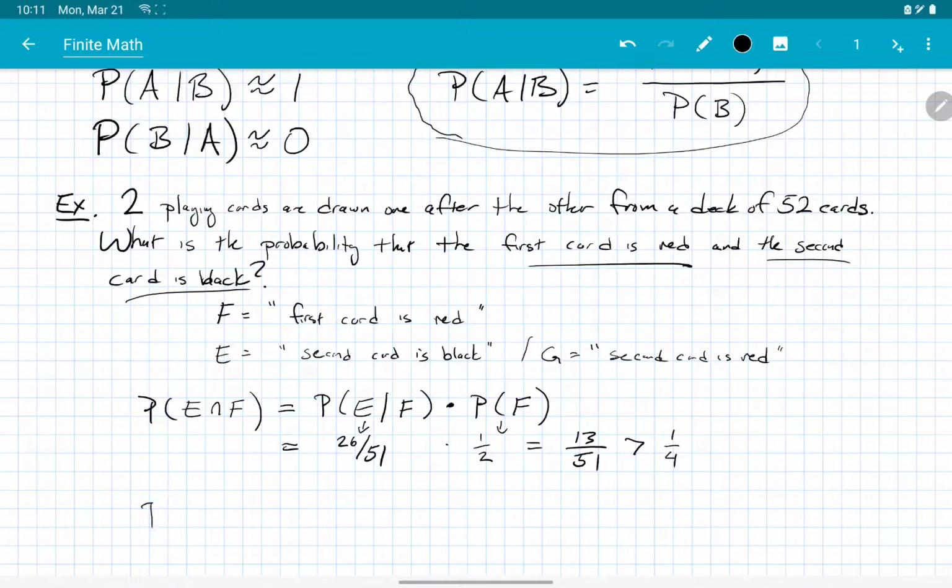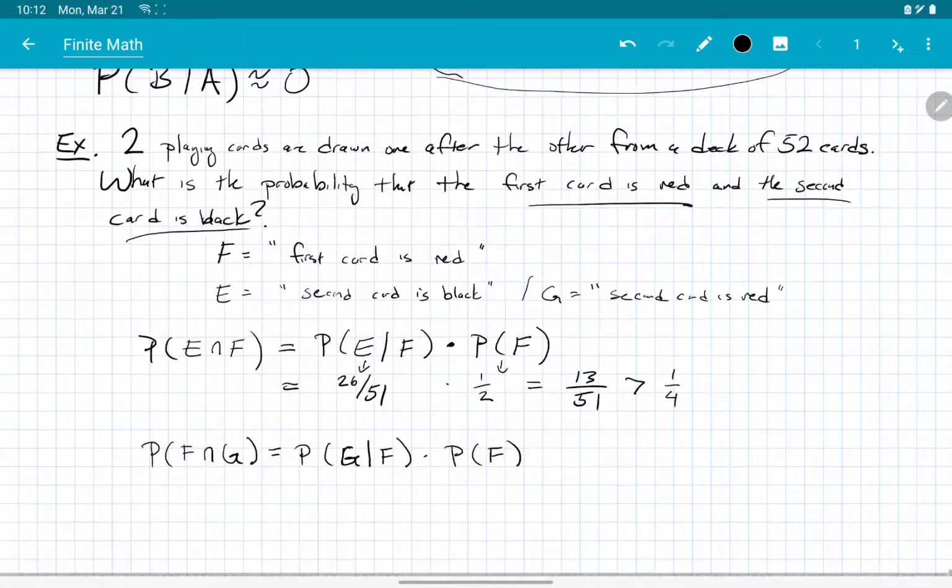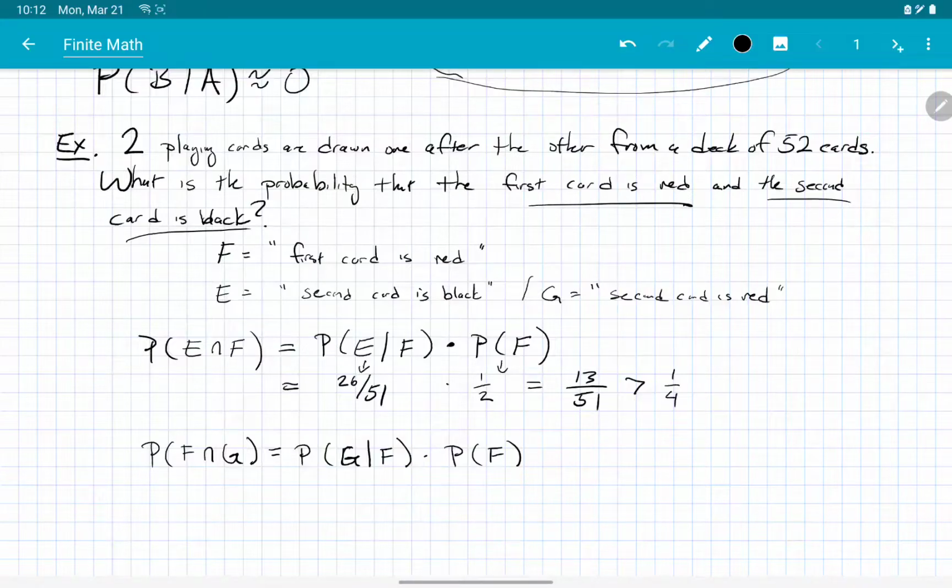Well, this is going to be the probability of F and G, which is going to be the probability of G given F times the probability of F again. I should have probably written this G and F to be similar to the way this one is written.